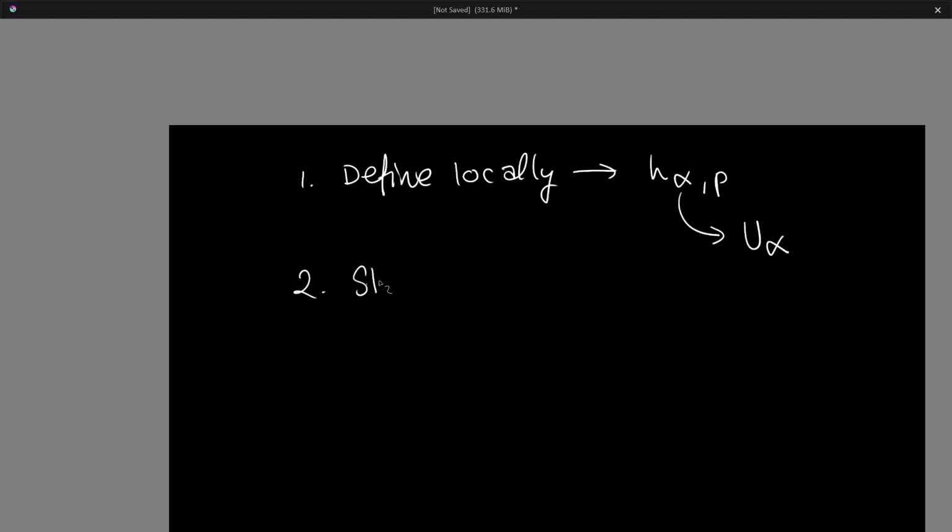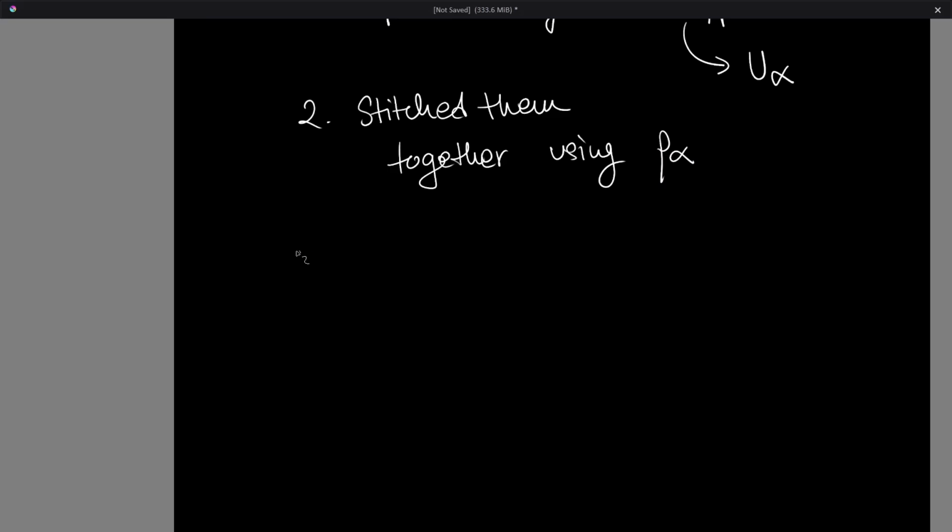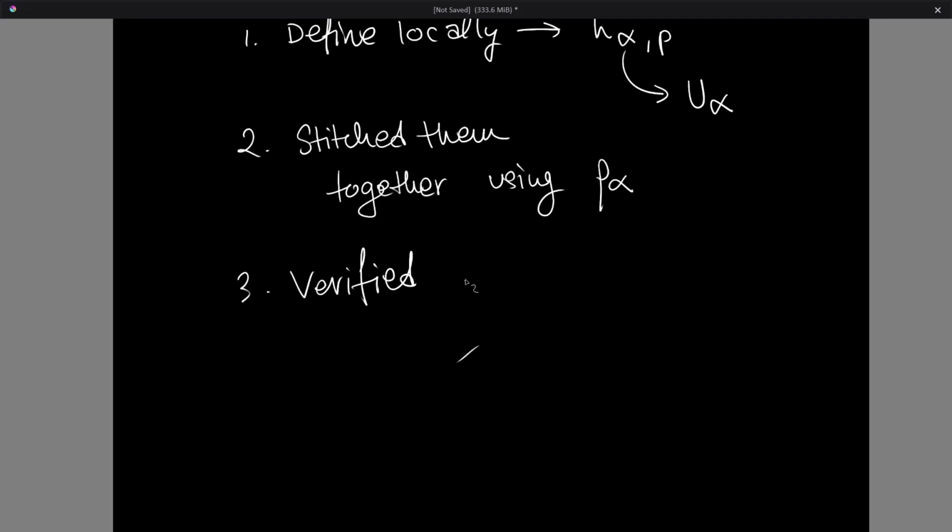Then we stitched them together using our partitions of unity, rho alpha. And then lastly, we verified that what we got as a result was actually a Hermitian metric.